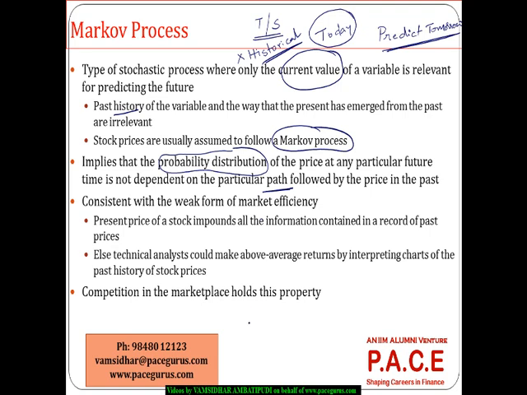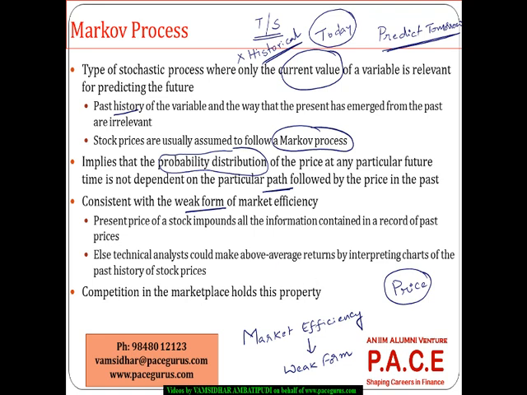Which means this is where I try to link it with the market efficiency or efficient market hypothesis, which clearly states that there are three forms, one being the weak form efficiency, which states that if the price of a particular security incorporates all the historical information about that particular security, then the market is weak form efficient.